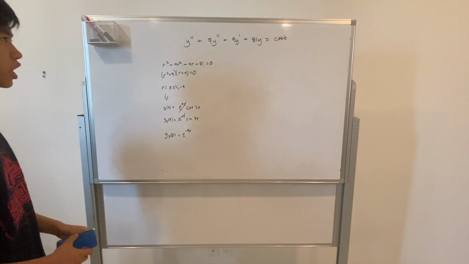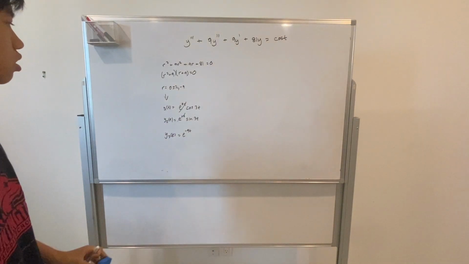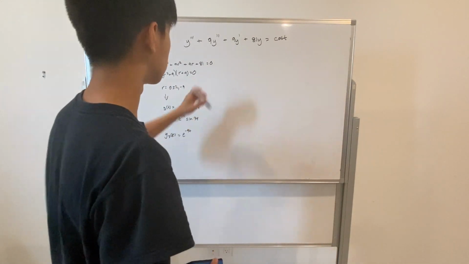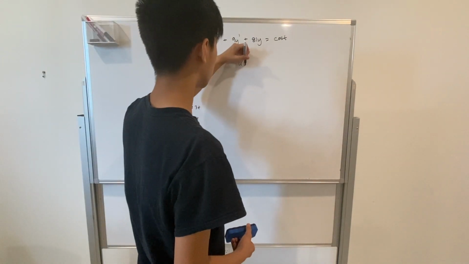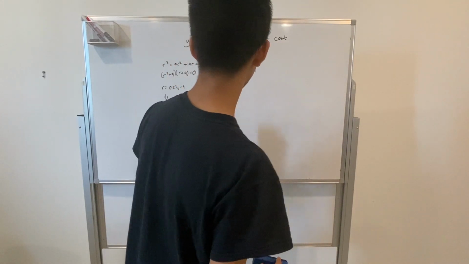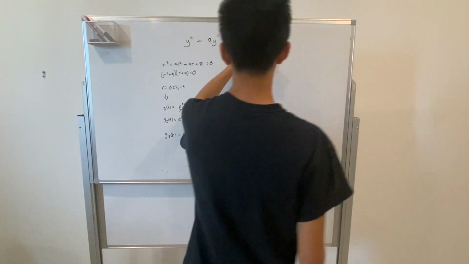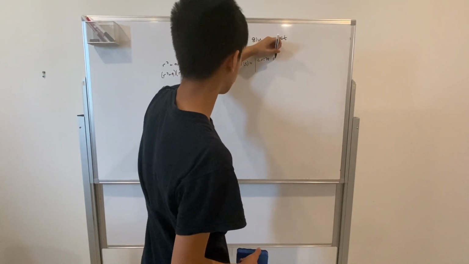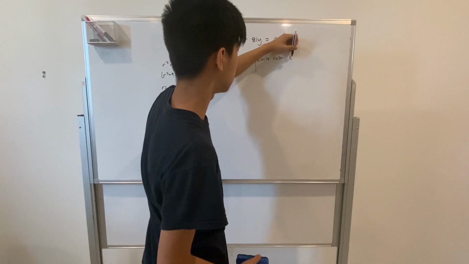Okay, so we got that. Now we can try to find the Wronskians first. So let's find the overall Wronskian of this first. That's cosine of 3t, sine of 3t, and e to the negative 9t.